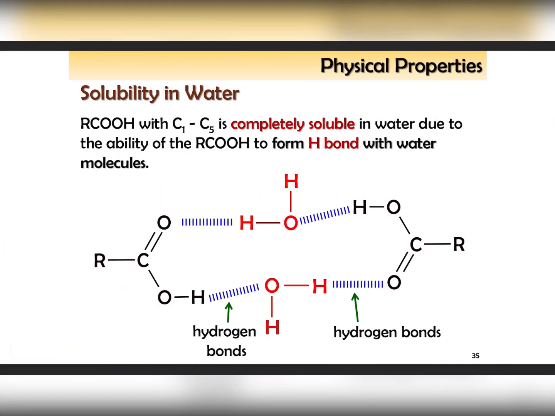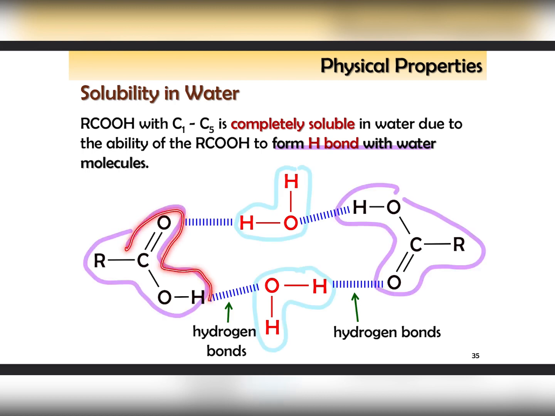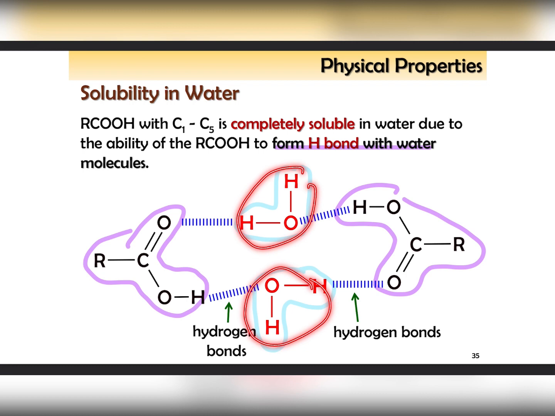Right, so now kita tengok solubility in water molecule. So as I mentioned before, kalau carbon 1 sampai ke carbon 5, it is completely soluble in water. Due to the ability of the carboxylic acid, it can form hydrogen bond with water molecule. Okay, so this is carboxylic acid, and it can form hydrogen bond with water molecule. Okay, so bahagian O, dia guna lone pair, dia buat bond dengan hydrogen from water molecule.